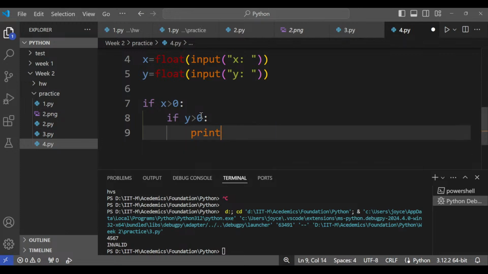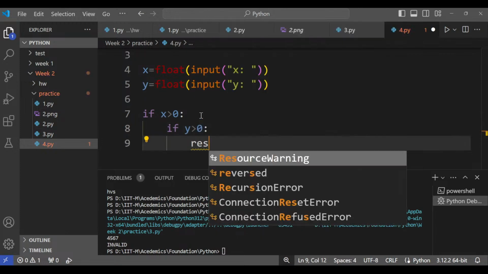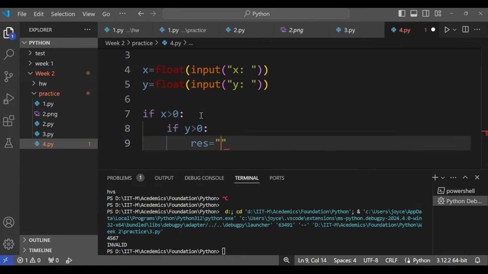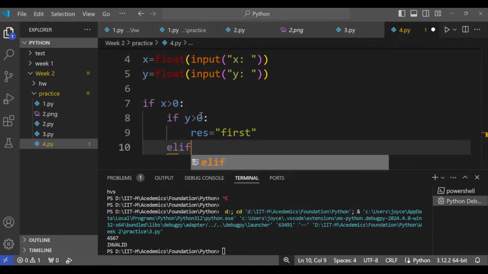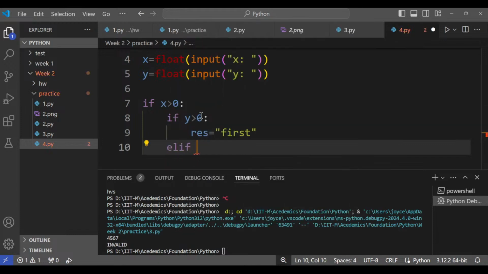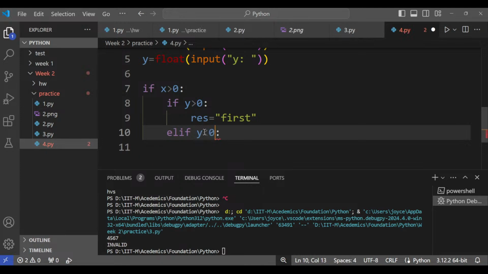Or wait, instead of print, I'll put it as res, res equal to first. Okay. Elif y is double equal to 0. That means x is greater than 0 and y equal to 0. That means it is x-axis, isn't it? No, there could be one more situation, but let's do this one first.